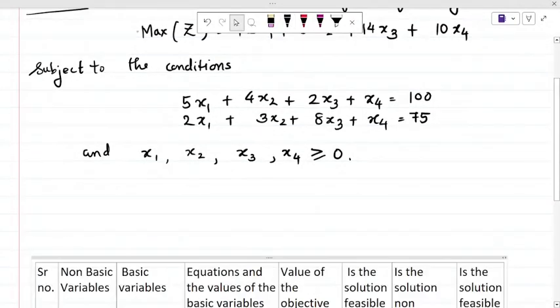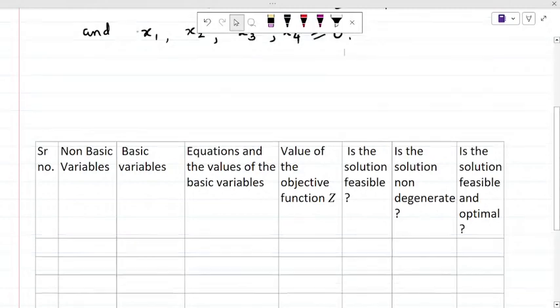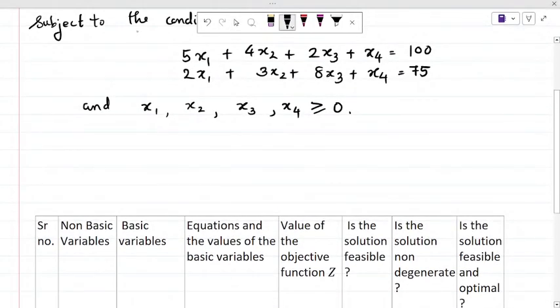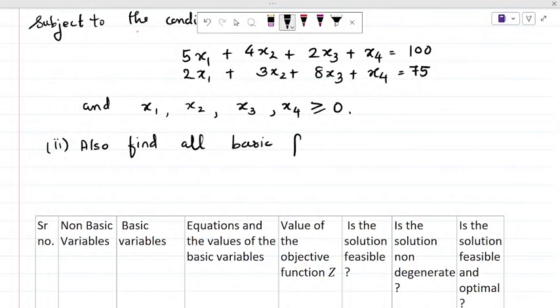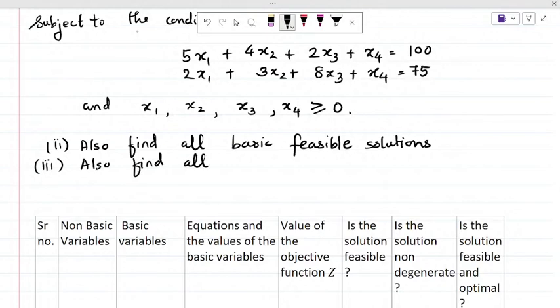Here there are a few more questions. I have already made the table and kept it. They have also said to find all basic feasible solutions, then also find all non-degenerate solutions.